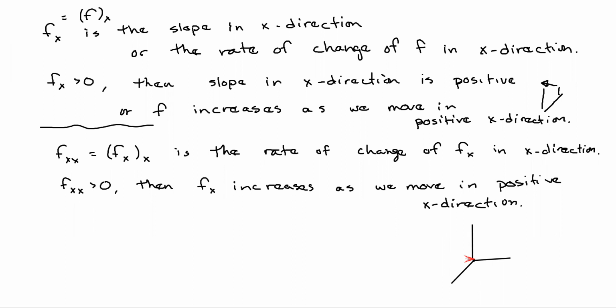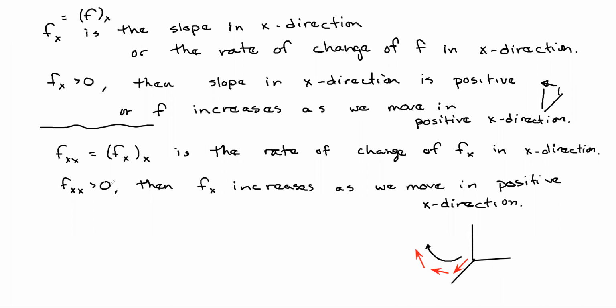So let's say here that's our first slope in the x direction, and it looks like it's 0. Then our second slope in the x direction needs to be greater than that, and our third slope in the x direction needs to be greater than that. And so what you end up with is a shape that looks like that.